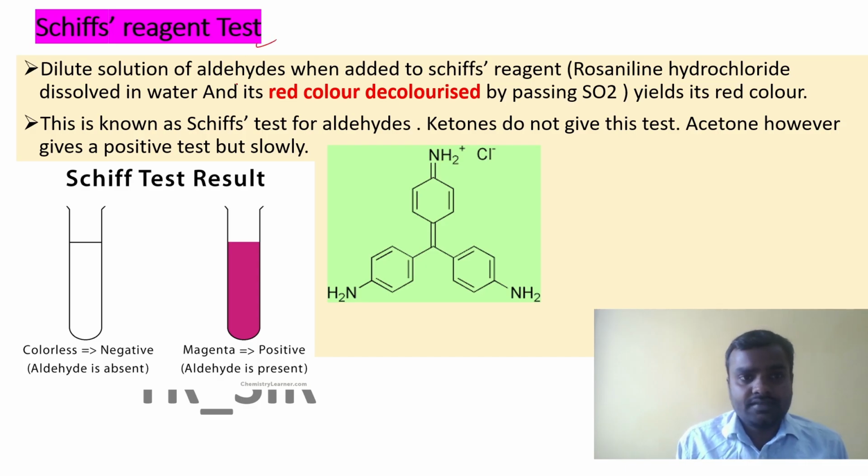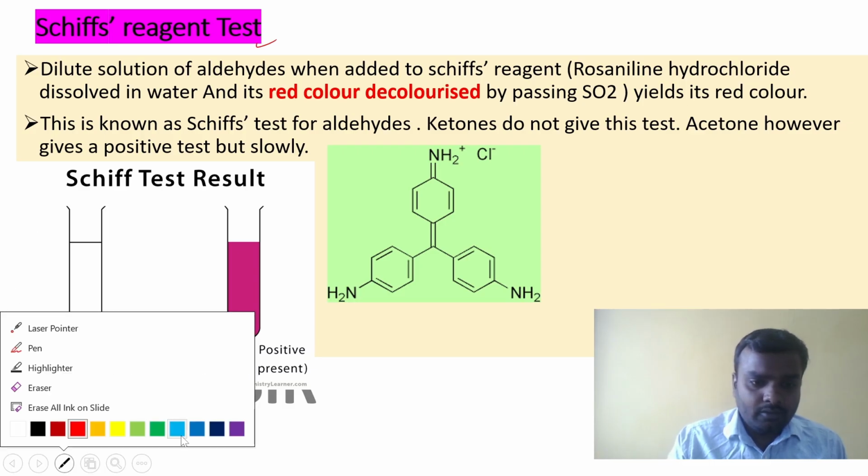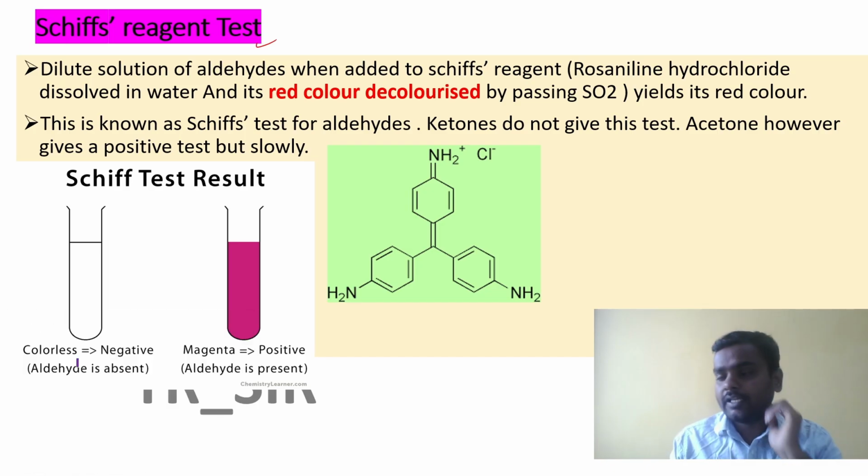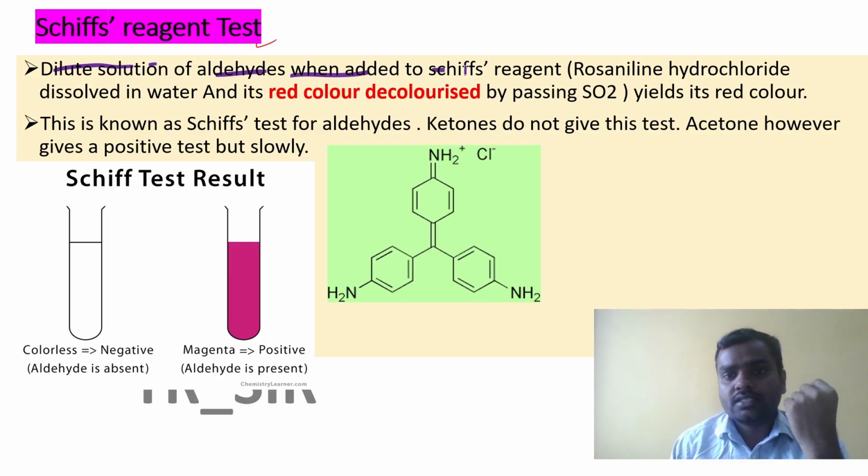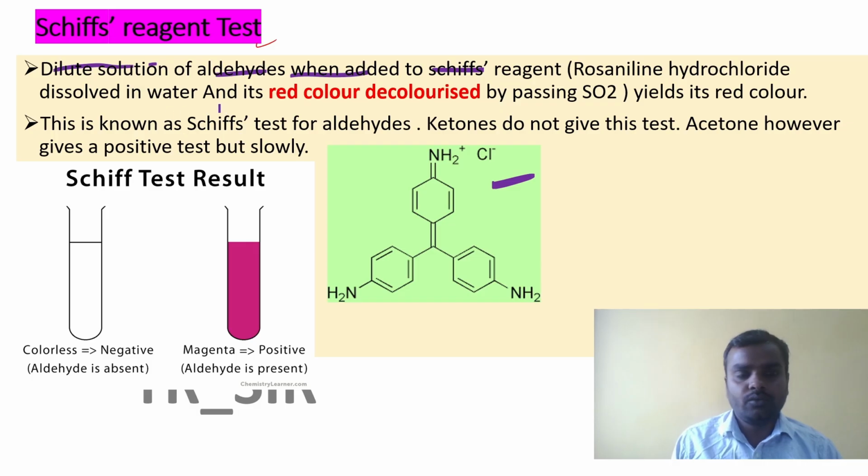Next, what do we have? Schiff's reagent. This is very important, so we need to focus more here. A dilute solution of aldehydes is added to Schiff's reagent. Schiff's reagent is para rosaniline hydrochloride dissolved in water, and its red color is decolorized by passing SO2 gas.